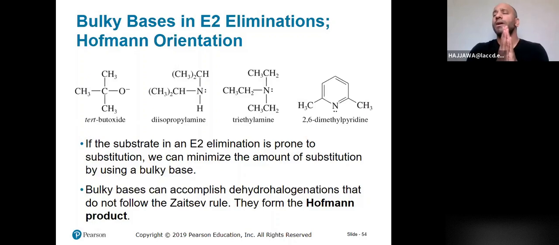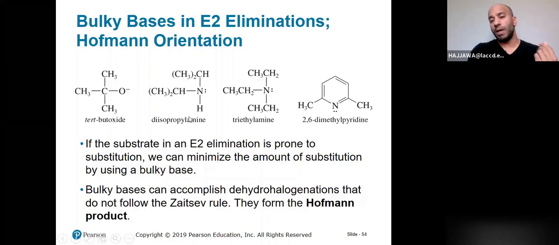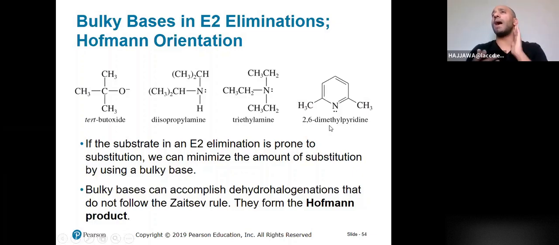What if the base is a bulky base, and that bulky base happens to be one of these: tert-butoxide, diisopropylamine, triethylamine, or 2,6-dimethylpyridine? What will happen?